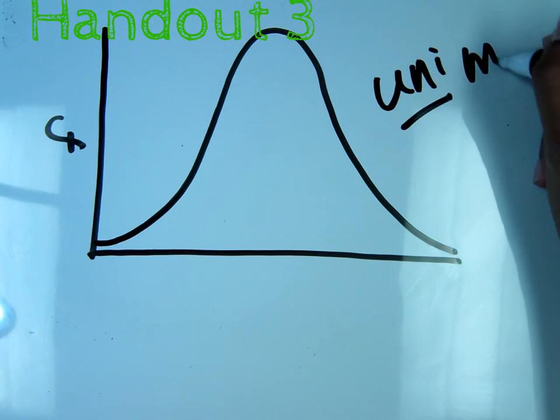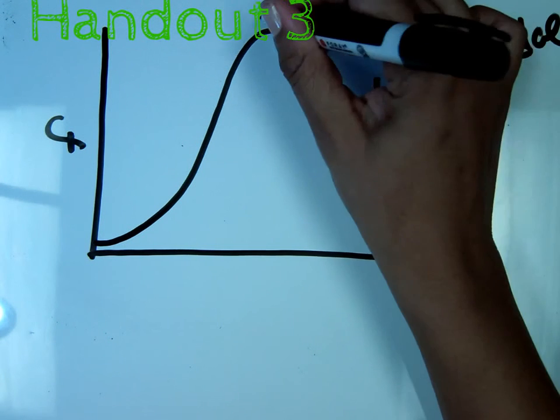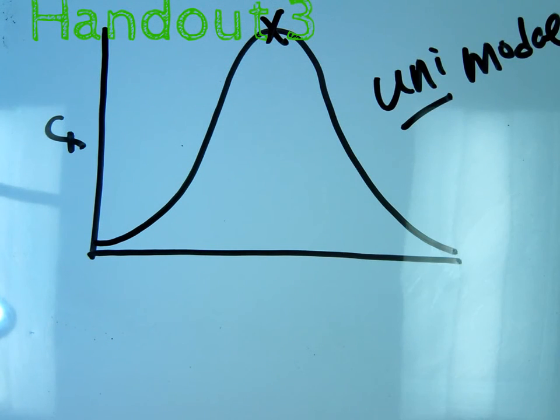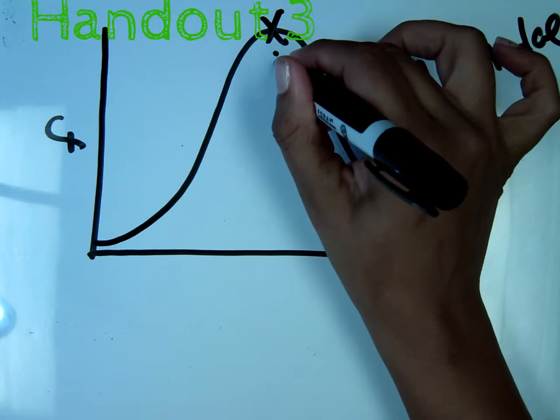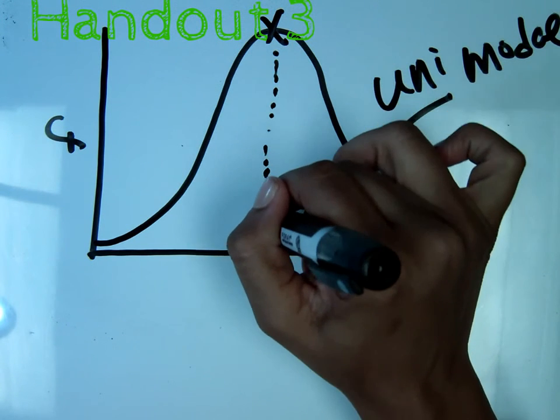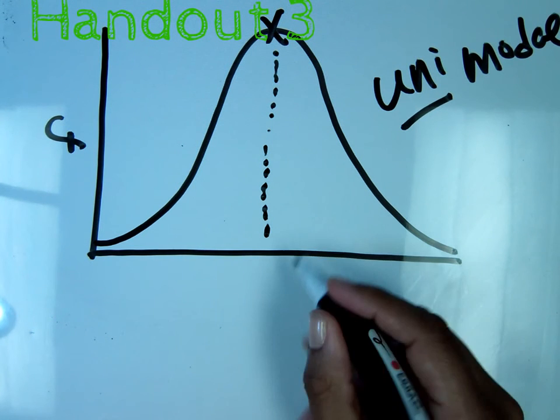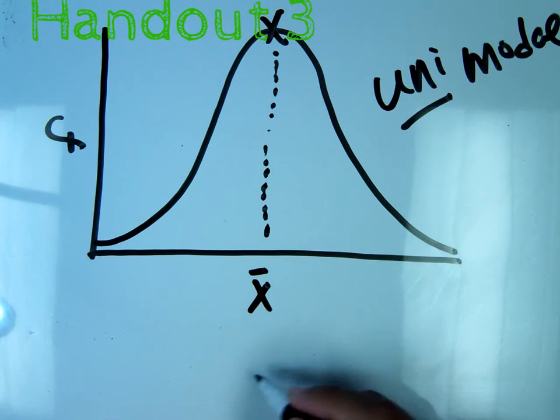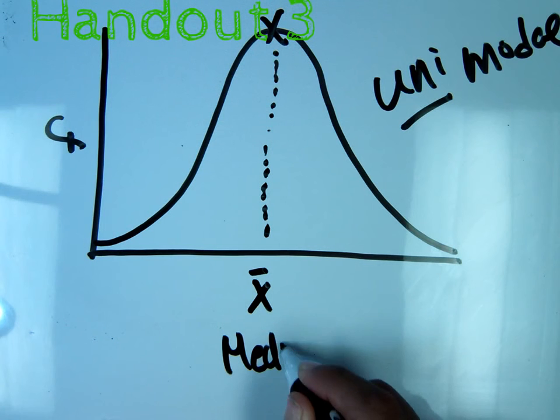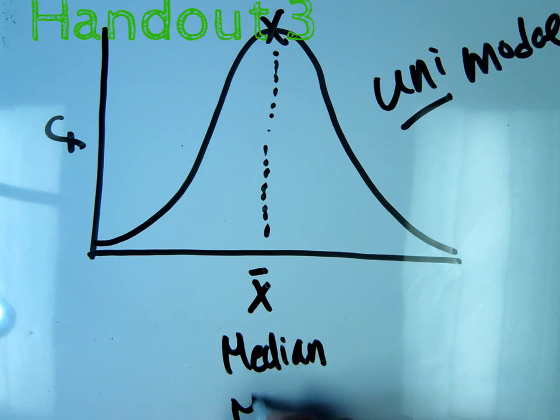Uni just means one. So there's basically one peak, right? Also, with the normal distribution, the mean, median, and mode will all be the same piece here. So the mean, x bar, the median, and the mode are all slap dab in the middle.